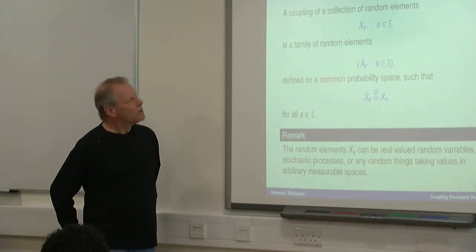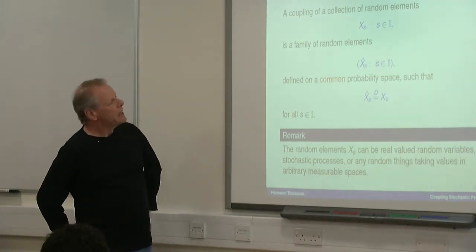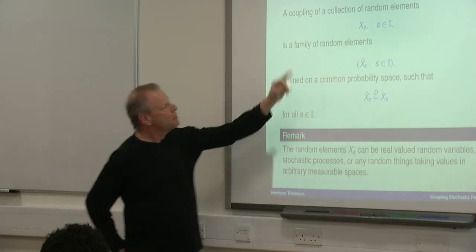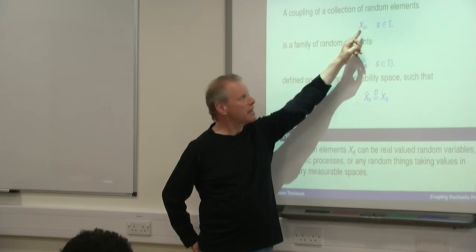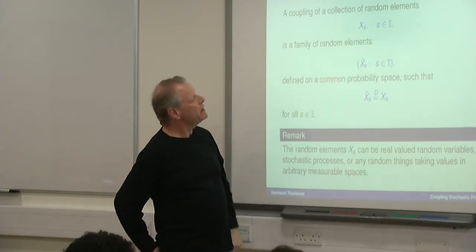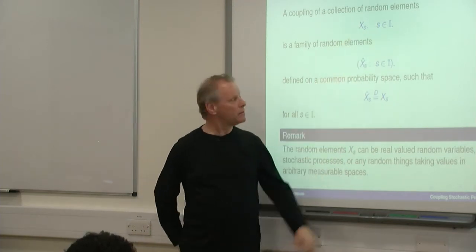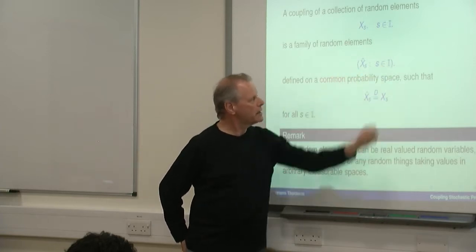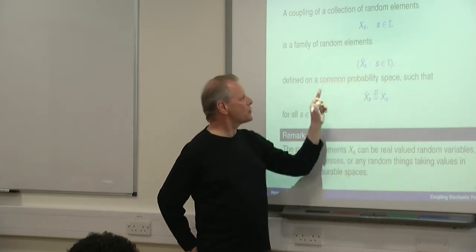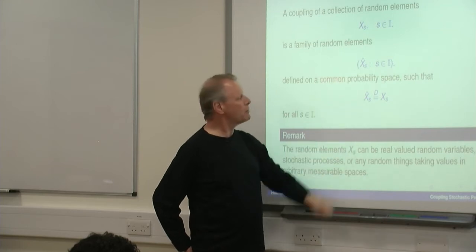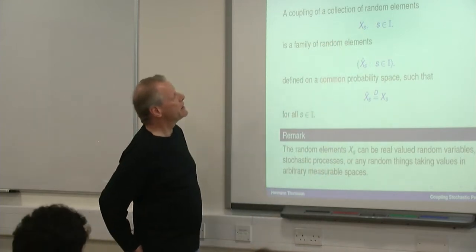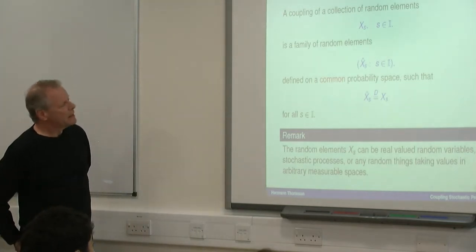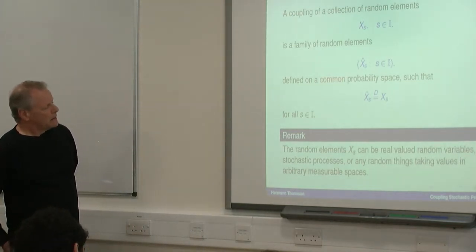So how are these definitions related? Well, Ps on the other slide are the distributions of these X's, and P is the distribution of this collected thing here, and I write it in parentheses to stress that they are defined on the same probability space, while these need not be, can be defined on different spaces.